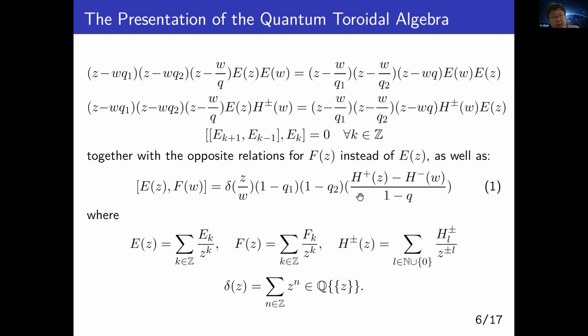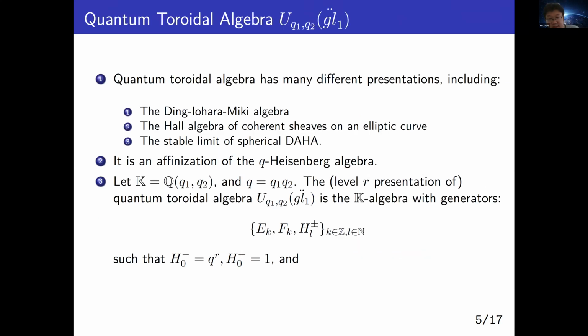Moreover, I want to explain why we regard this as a Q-affinization of the Heisenberg algebra. What is the relation between this one and the Heisenberg algebra? For example, fix k. We can consider E_k and F_k, and there are also other elements in the quantum toroidal algebra, which we call E_{k,m}.